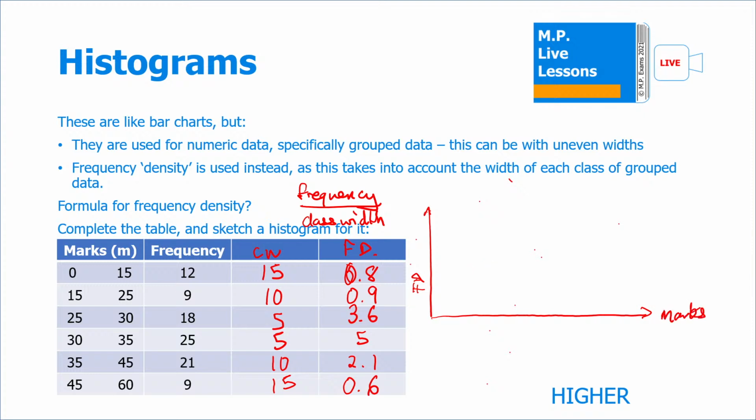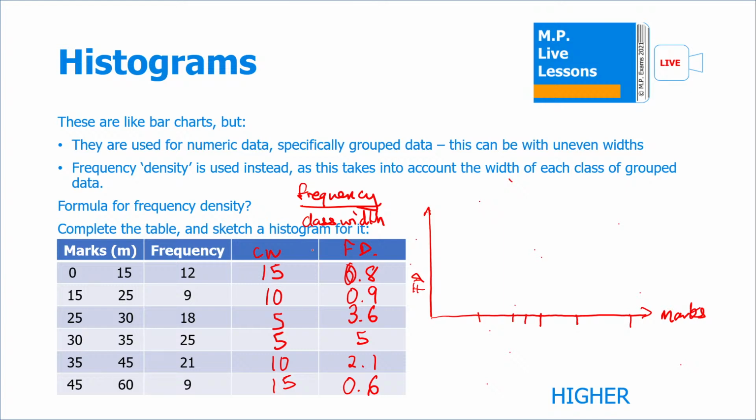And then you'll mark out roughly on my diagram the class widths. And then you'll plot the frequency densities as well.